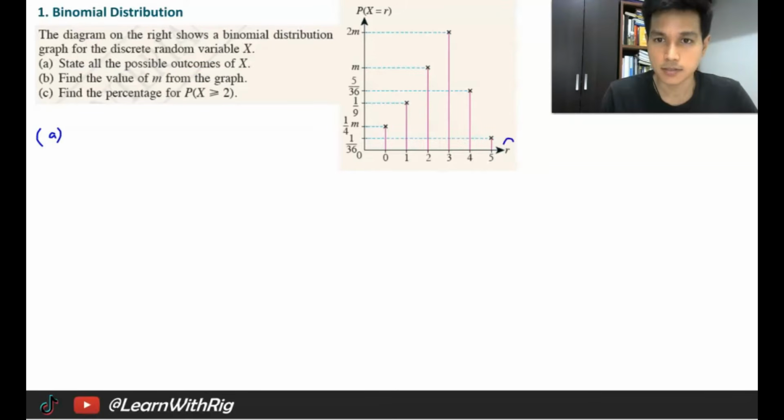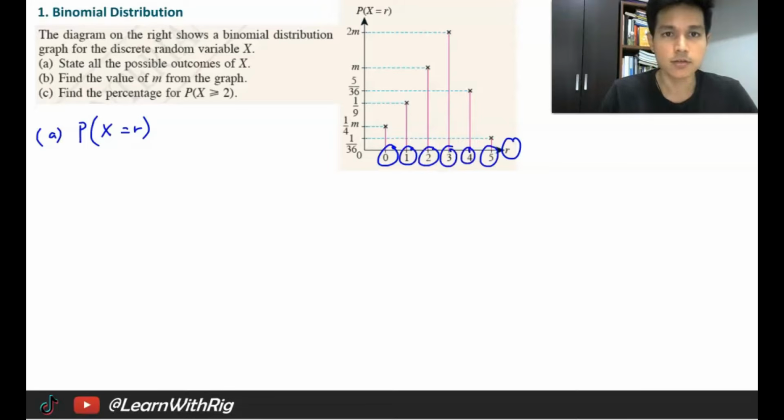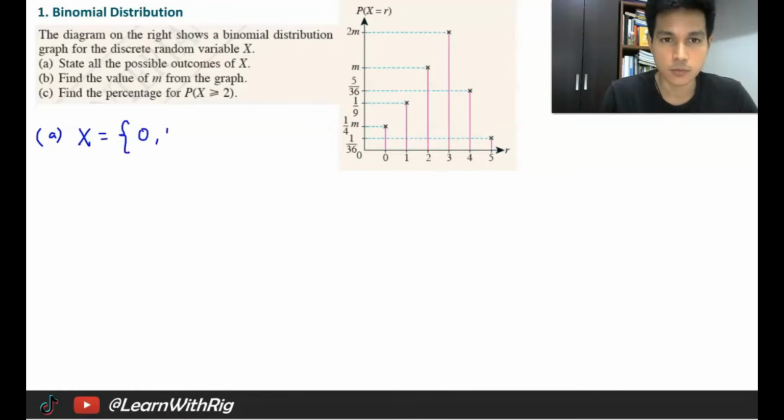I gave you the formula: X equals r, so all the possible values of r are the possible values of x. What are the possible values of r? All of this. So your x value is equal to 0, 1, 2, 3, 4, and 5. That's for question A.